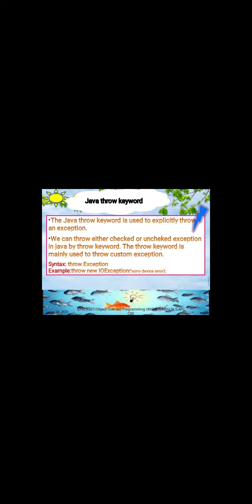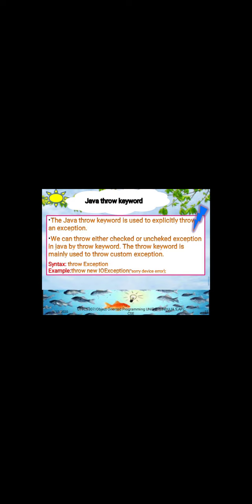But in case I am sure that I need to throw this arithmetic exception directly, for example, in the previous case, in the try block, there was one particular line, 50 divided by 0, and this line creates an exception, right? So I have created an arithmetic exception there. But if I want to manually raise an arithmetic exception without having this error statement, I need to throw it manually.